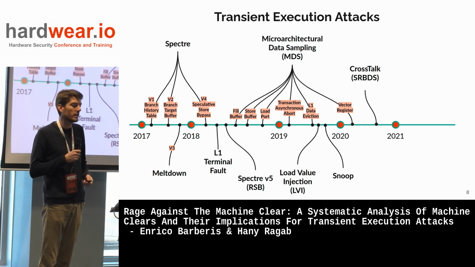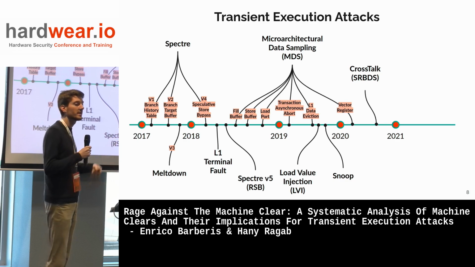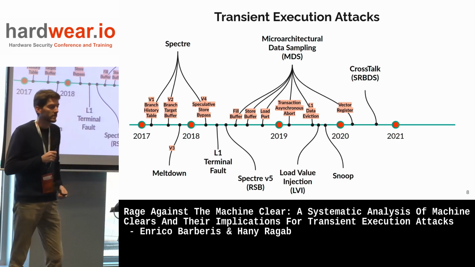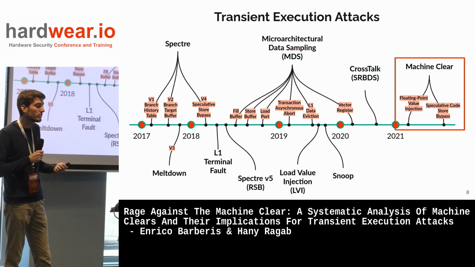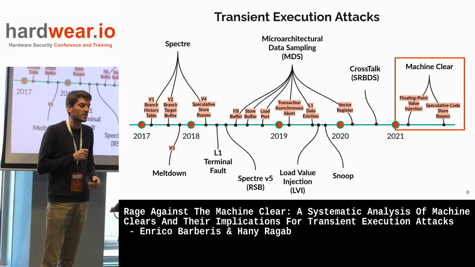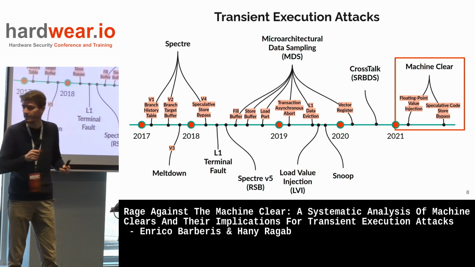There is CrossTalk, an attack that works across different physical cores, where you can still do side channel attacks. And now, since we are in 2021, we are presenting our two new vulnerabilities, floating point value injection and speculative code store bypass. Today we are going to present these vulnerabilities together with other types of machine clears.